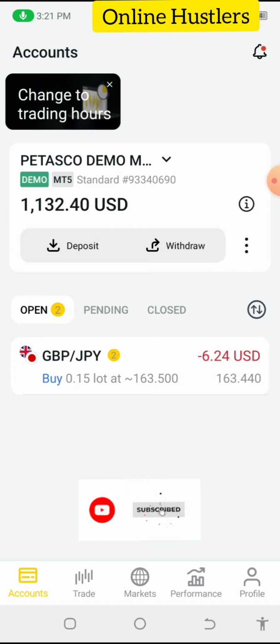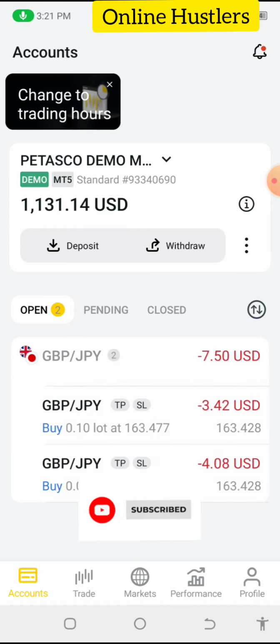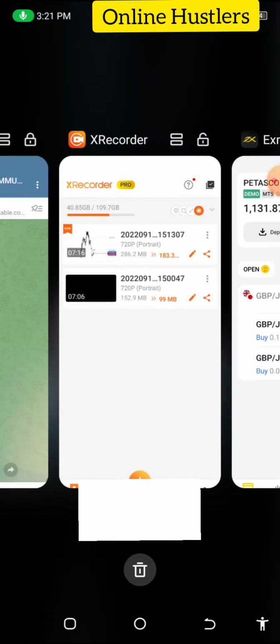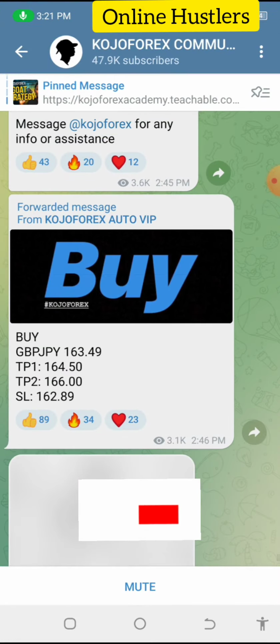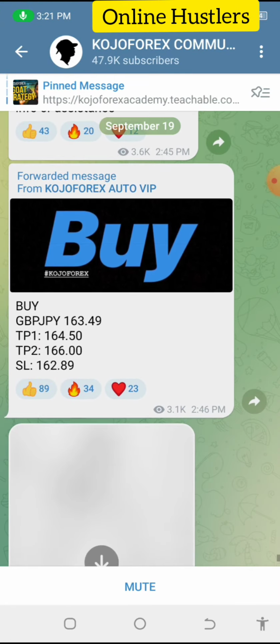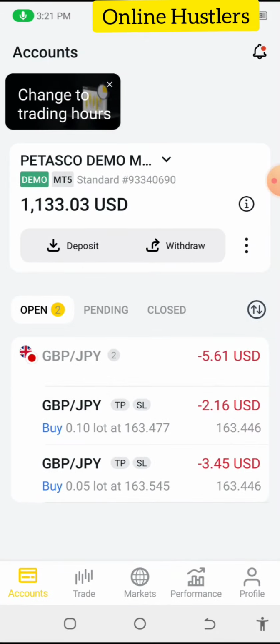And let me show you one thing. You are given two take profits, TP1 and TP2. Let me show you something interesting. When the trade is ongoing and it is in profit, you need to adjust the stop loss.